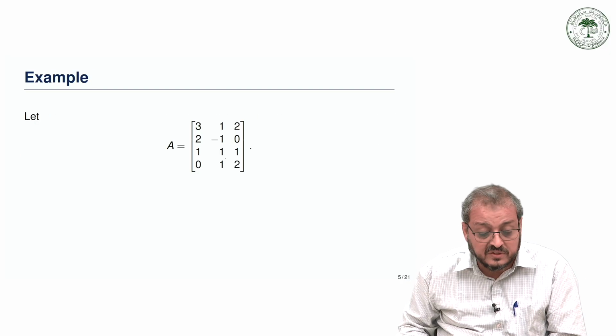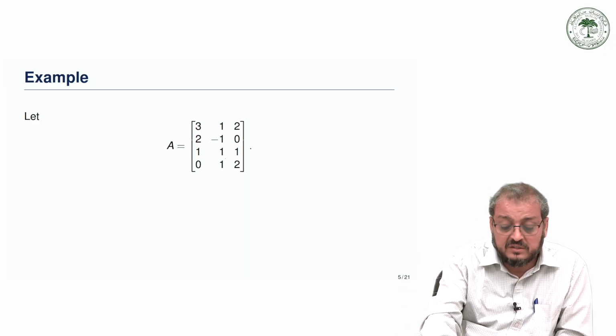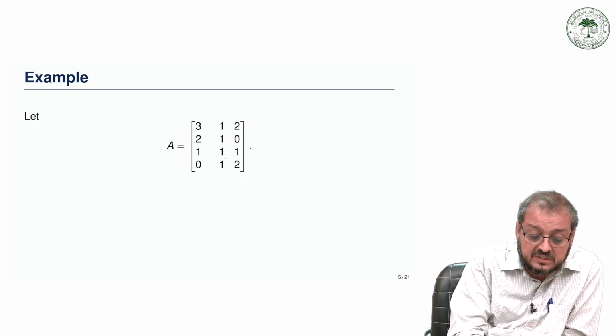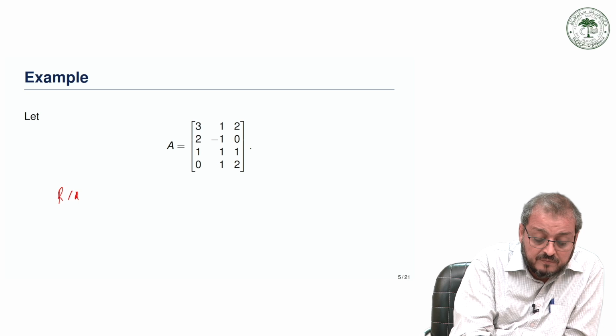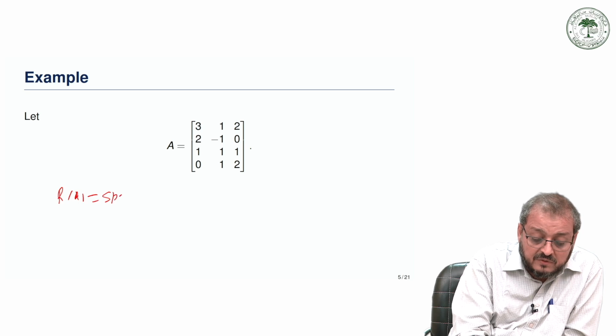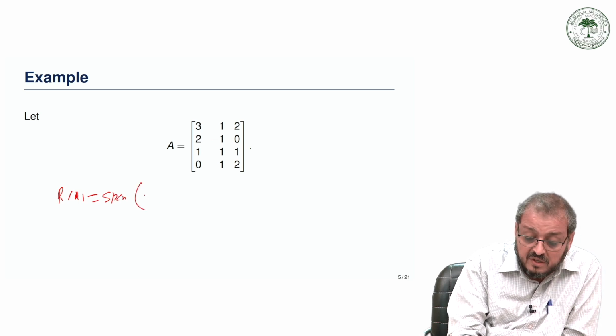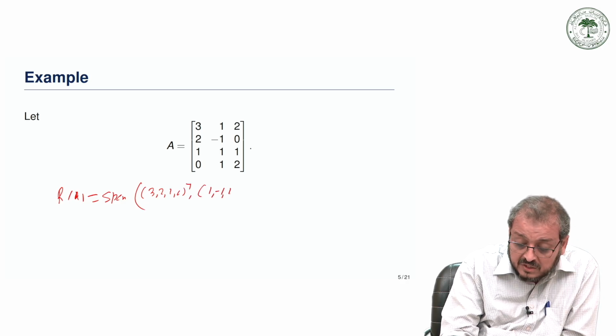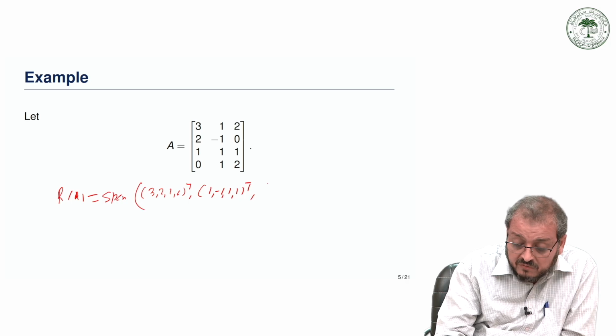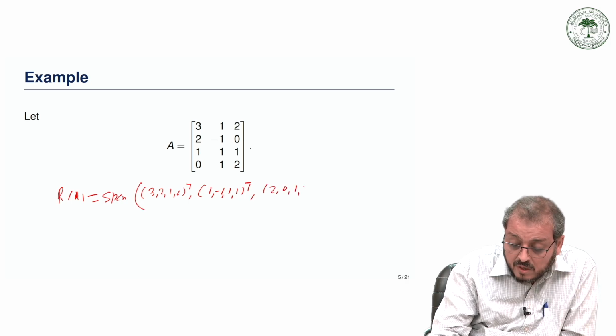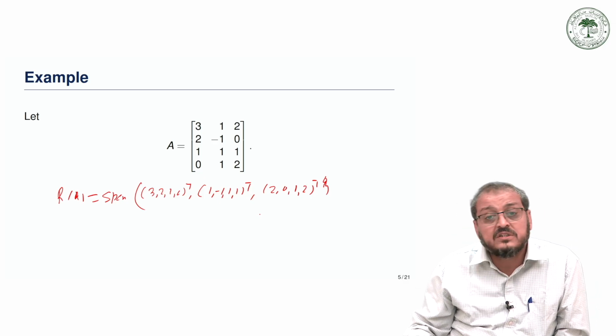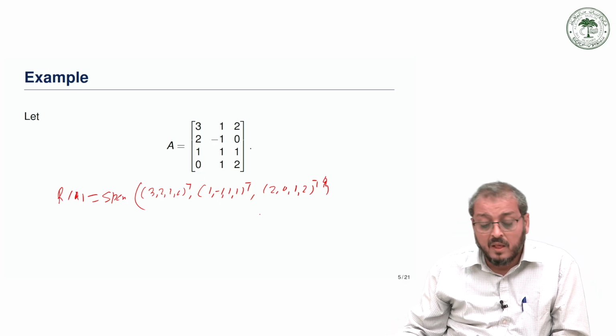Okay, so let us start with one example. Take this matrix. The range of A is the span of, by the definition, (3, 2, 1, 0) transpose, (1, -1, 1) transpose, and (2, 0, 1, 2) transpose.